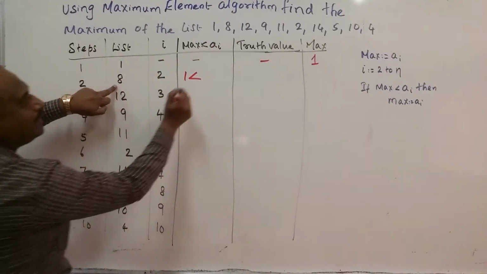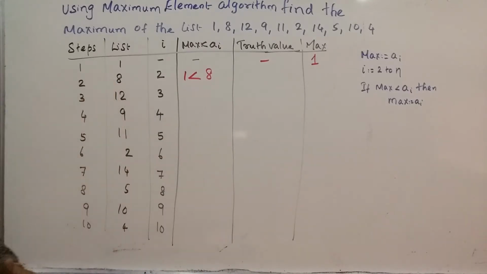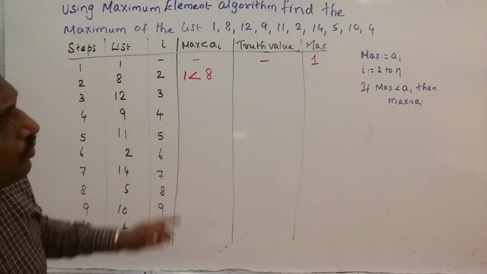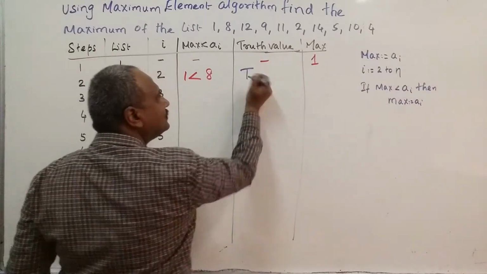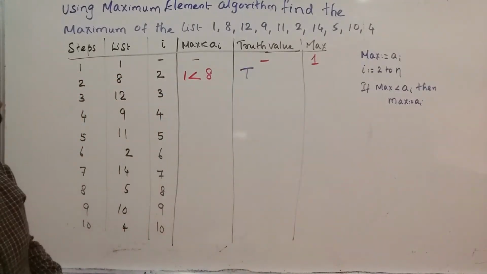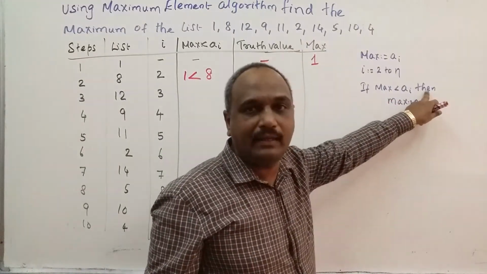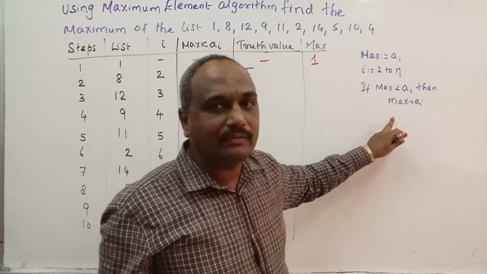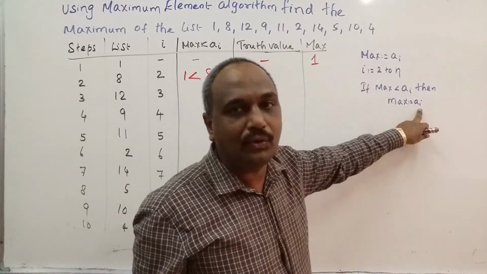What is the second number here? 8, isn't it? Now it is going to find the truth value. Is 1 less than 8? Yes, this is true. So when the answer is true, if maximum is less than AI, we have suggested to change the maximum value into AI.